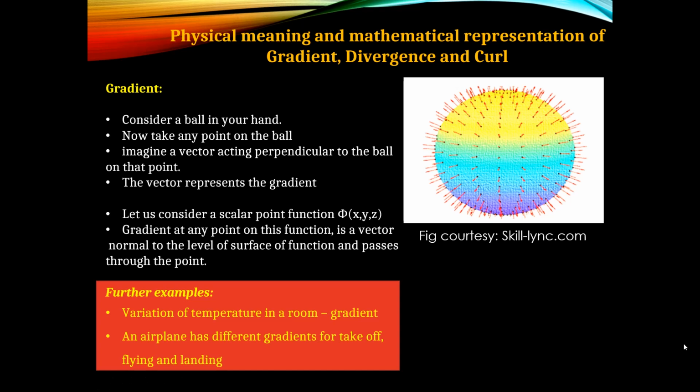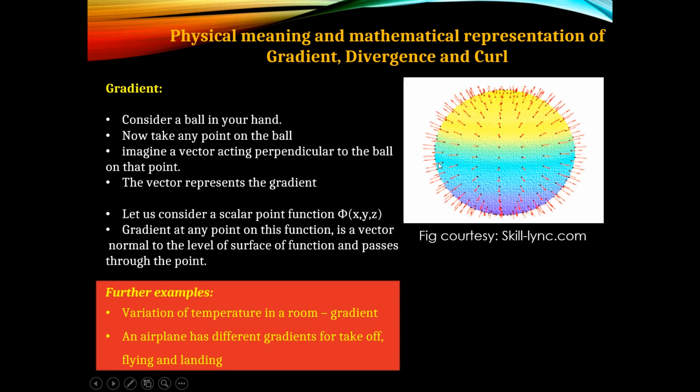So if I have any scalar function, say a capital phi of xyz because it is three-dimensional I have considered, the gradient at any point on this function phi of xyz will be a vector which is perpendicular to the surface of this function phi and is also passing through a particular point.